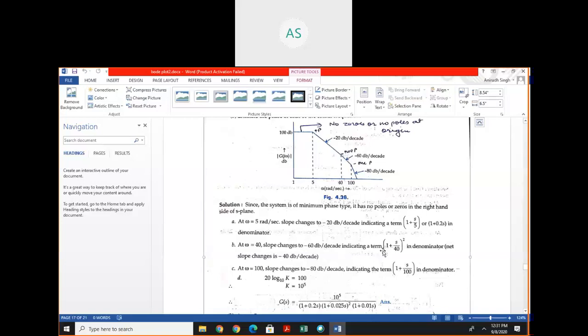So we can say that a term arises, 1 plus s by 40, squared, because there are two poles at this corner frequency. This term appears in the denominator.